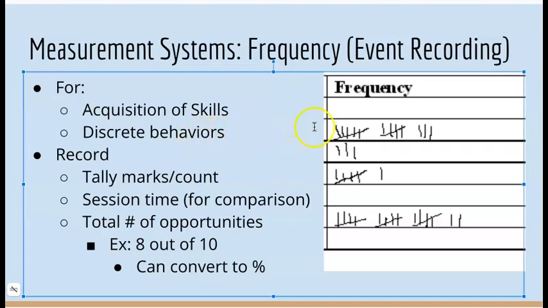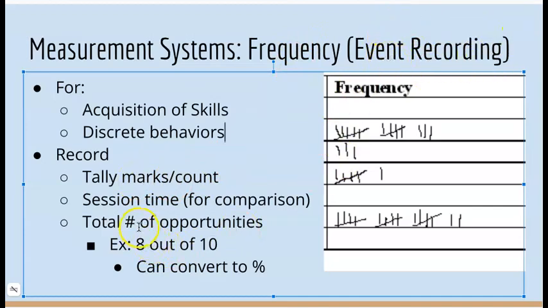Those are all behaviors that you could also measure by frequency or count. A tally mark. So if you're using a tally mark, if you're counting the number of responses, it's the frequency of the behavior. These are all under the term event recording. All of these go together. Frequency, count, tally mark are all part of what we call event recording.